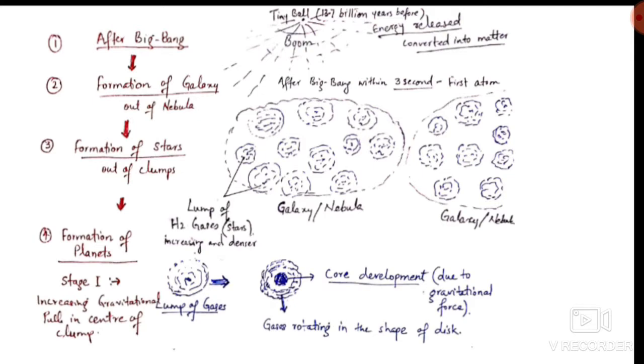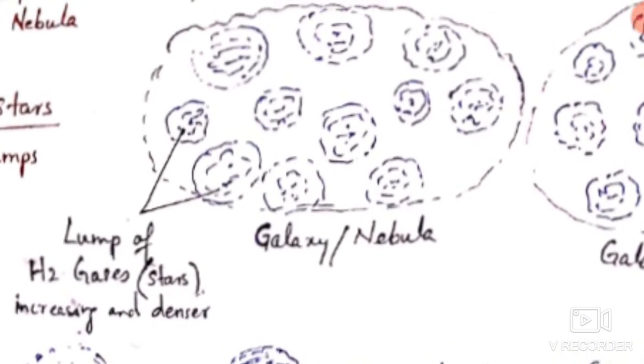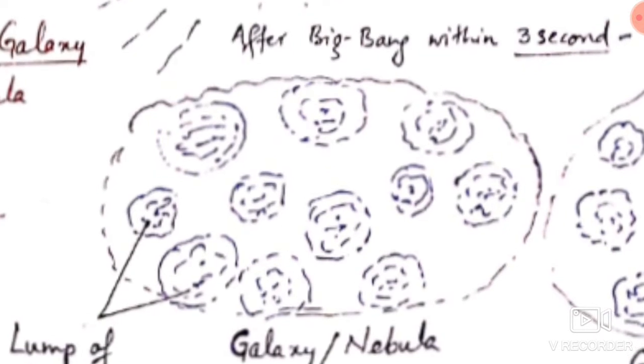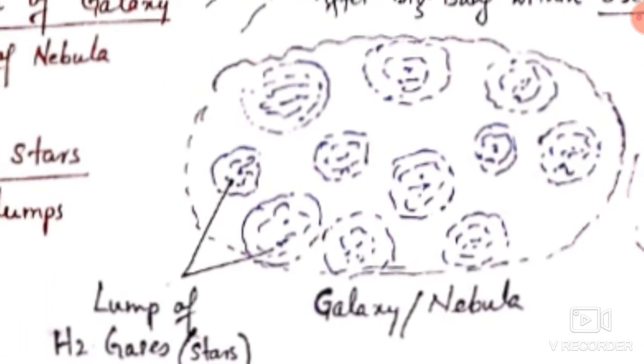You can see here in this figure this large elliptical circle which envelops these numerous small circles, that is known as nebula, or you can say galaxy.